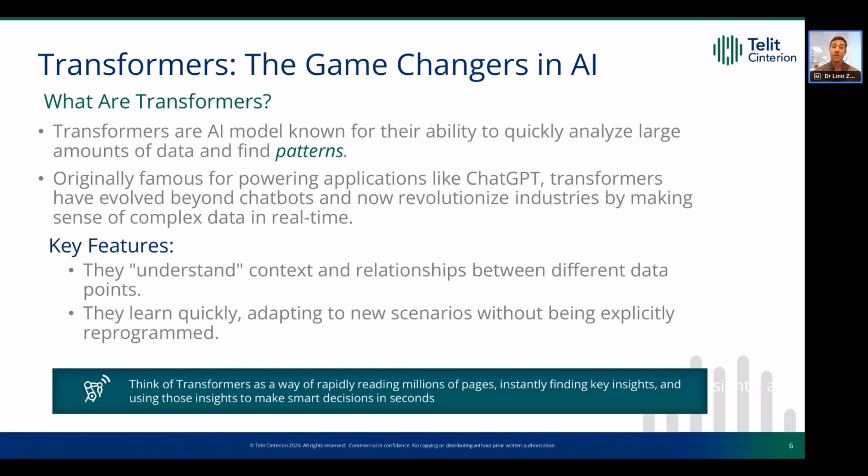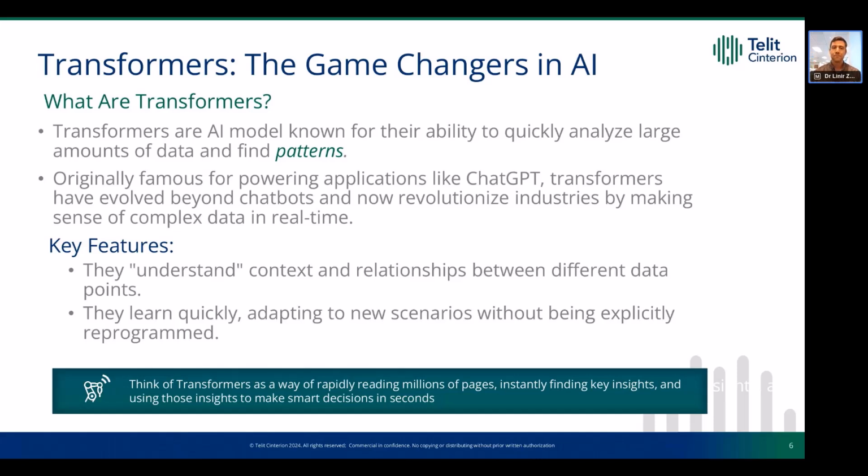Transformers have evolved beyond chatbots, as mentioned, and now revolutionize industries by making sense of complex data in real time. Some of the key features of transformers are that they understand context and relationships between different data points. It doesn't need to be the same type of data, but still it can make these connections.